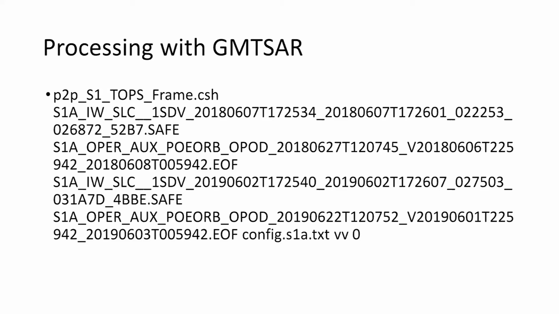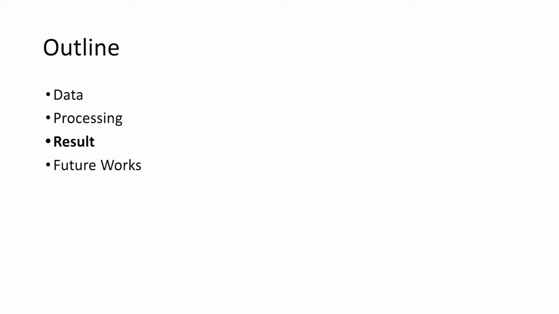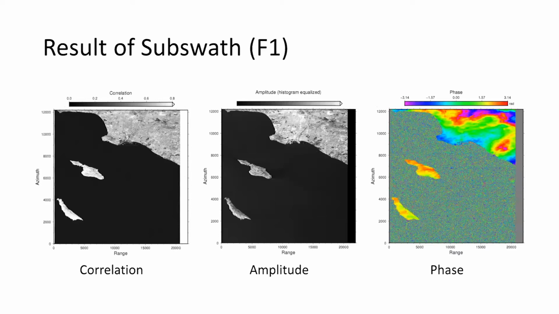I just ran this command, and it takes around a couple of hours to process using GMTSAR on my laptop. Then I got the result, and this is the result from the F1 folder. We have the correlation, amplitude, and phase images.